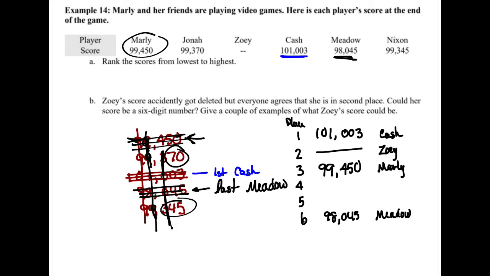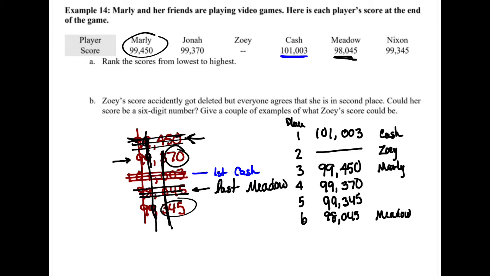So the 70 is bigger, which means the 99,370 goes next, and the 99,345 is next after that.